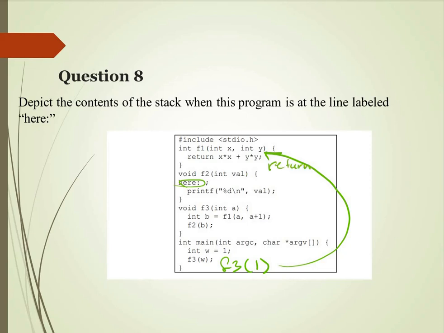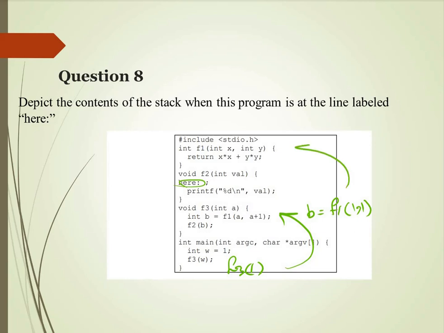Oh, sorry. It's not F3, it's F3 1. So F3 is here, and we are going to here. The b would be, in this case, f1 of 1 and 1. So here f1 and 1 would be here.